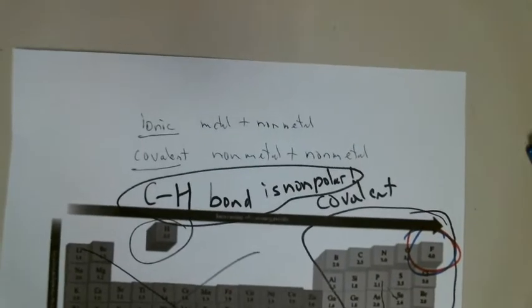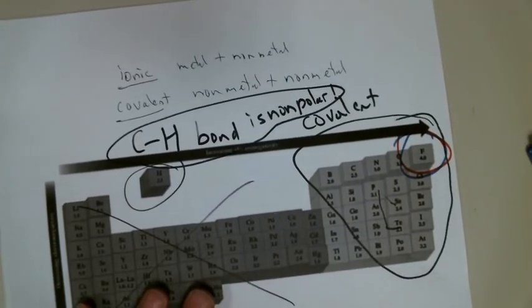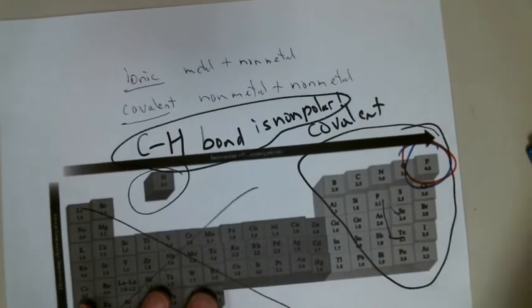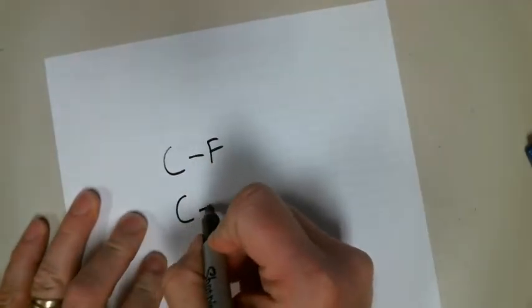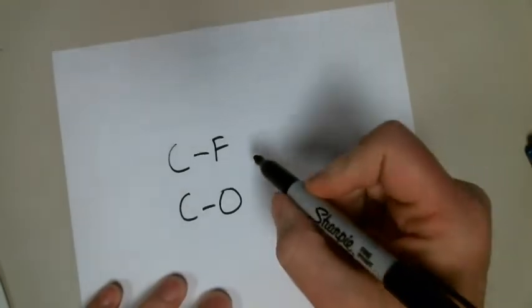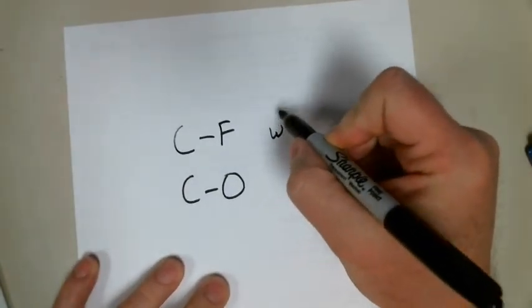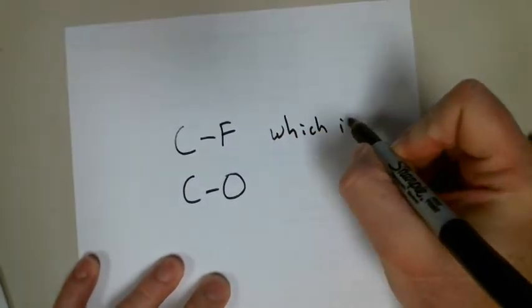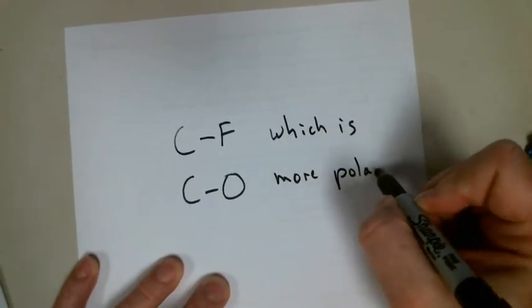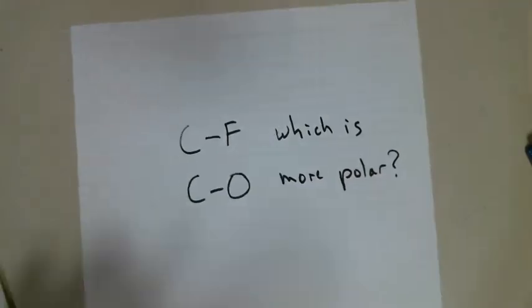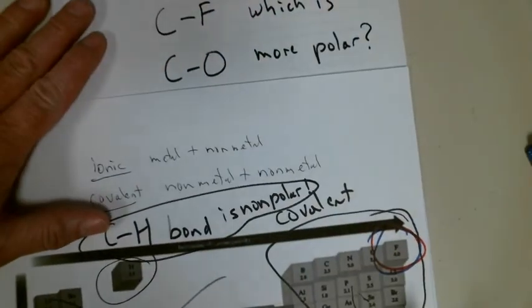Where's a blank sheet of paper? I'll do it on here. What if we had carbon-fluorine and carbon-oxygen, which is more polar? Maybe this is too easy, but it's good to do anyway. So which would be more polar?